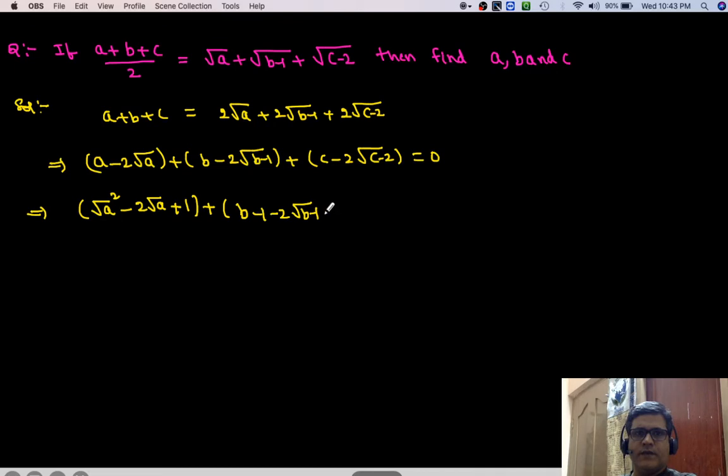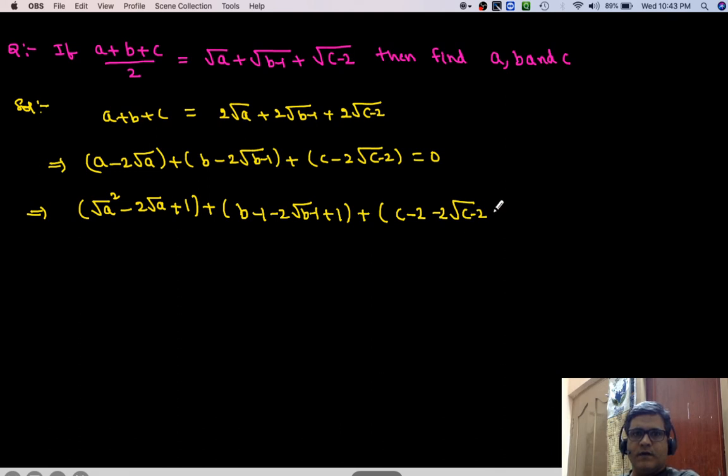Here we subtracted 1, you add 1 to balance it, plus here c can be, inside the square root c − 2 is there, that's why here you subtract 2, minus 2√(c−2).